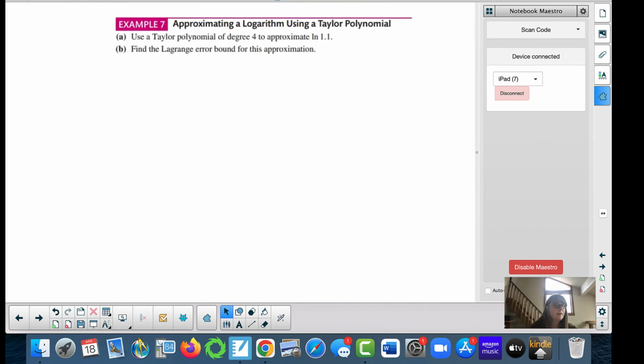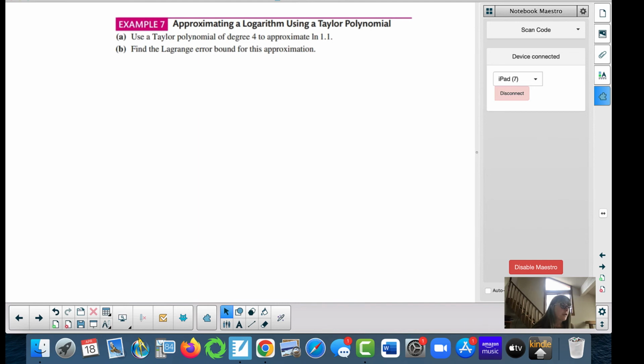All right, in this last one, we're going to use a Taylor polynomial of degree 4 to approximate the natural log of 1.1. And then find the Lagrange error bound. So we have two choices here. We could use that x is equal to 1.1 and c is 1, but that makes our Taylor polynomial a little bit more complicated.